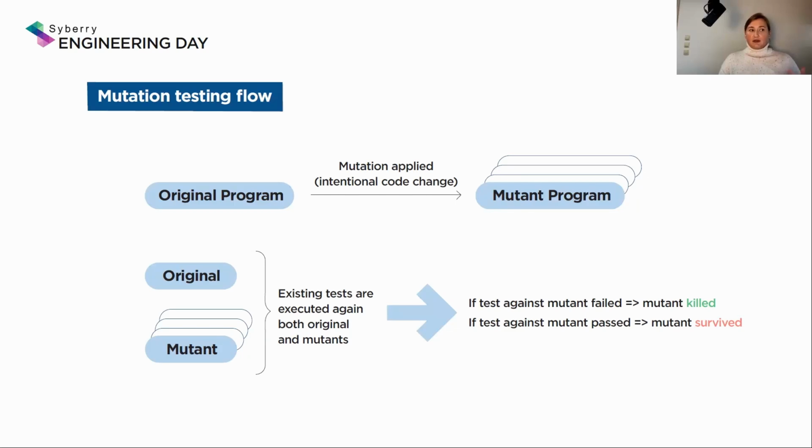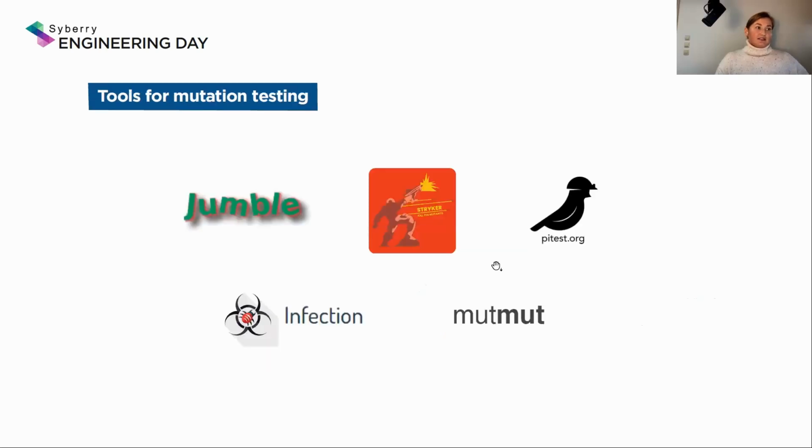And vice versa, if our tests failed, in this case we can say that mutants were killed, and we can rely on such tests, and know that they would actually find some bugs and they are actually functional. And here I described the flow.